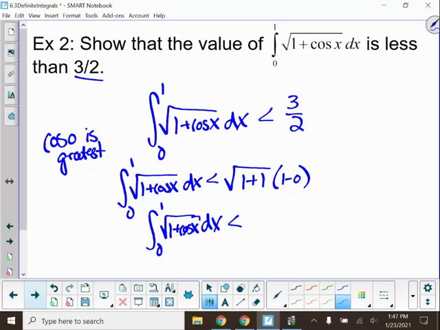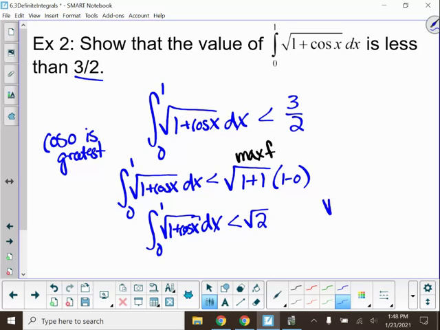Which means that my integral has to be less than, because this is like that max f idea, the integral has to be less than the max times b minus a. Well, the max is going to be the square root of 1 plus 1, which is the square root of 2, and times 1 minus 0 is still the square root of 2.